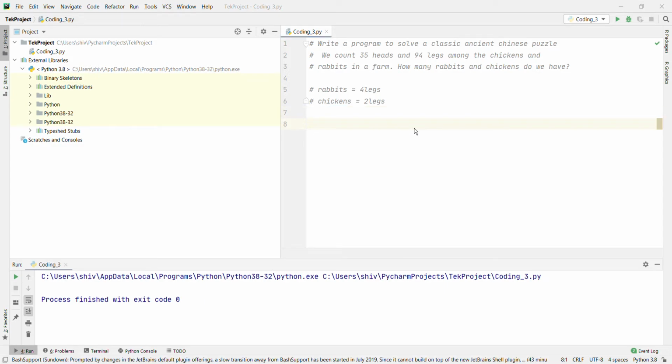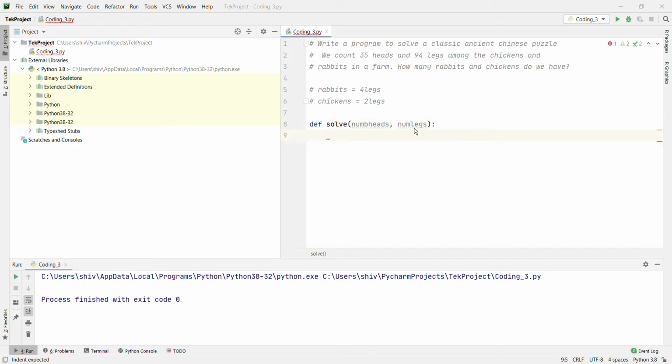Let's start the program. We are going to define one function, solve, and pass the number of heads and number of legs. If we don't find any solution for the combination of heads and legs, we will say no solutions.